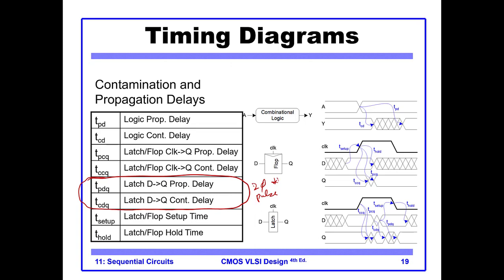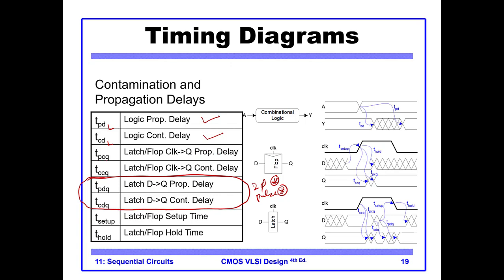So I will leave out these 2, and the rest are: TPD is the logic propagation delay, TCD is the logic contamination delay. In the previous slide we called this TPD L and TCD L, L for logic.